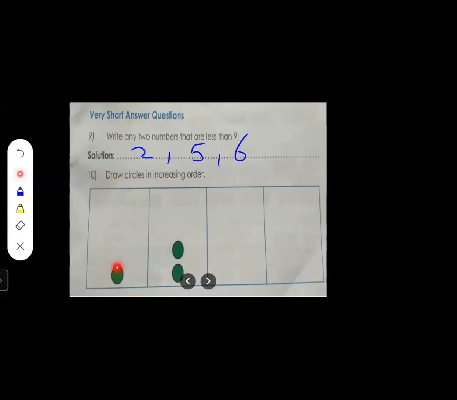So here one is given. Then two circles are there. So next what will we draw? We'll draw three circles. 1, 2, 3. Then after that, how many circles will we draw? After 3, which number comes? 4, right? So 1, 2, 3, 4.